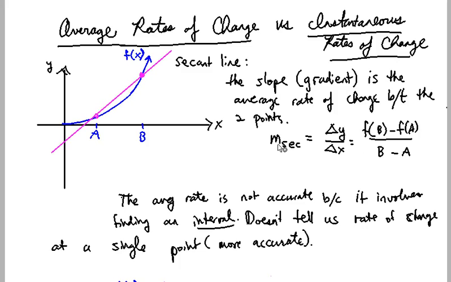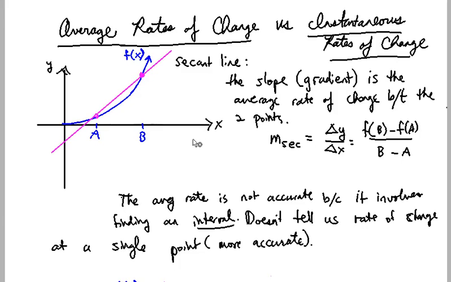Okay, and so we can say the slope of the secant line is the change in y over the change in x, and this is just our slope formula, right? Rise over run. F of b minus f of a, the y value at point B minus the y value at point A, is my change in y, my rise.